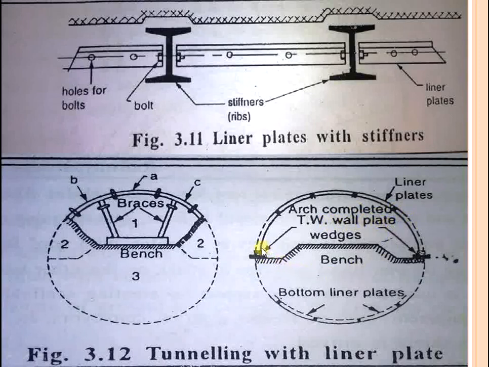This liner plate is supported with the wall plate and the arch. In tunneling, we support it with the help of the wall plate and bench. And these are the wedges, and this is the liner plate method, plain liner plate. This is tunneling with liner plate.